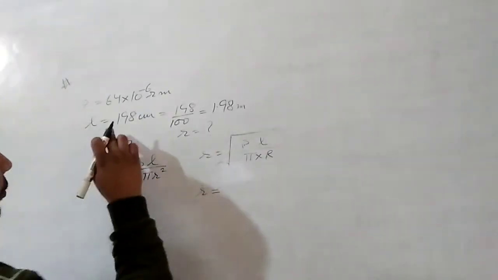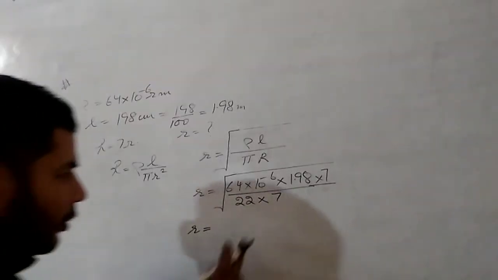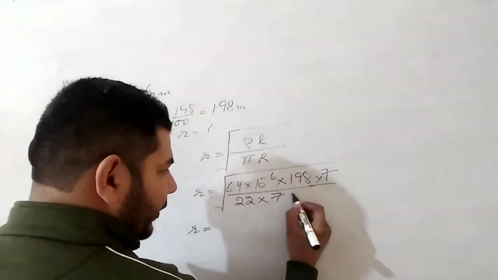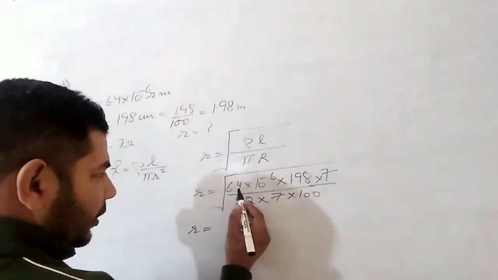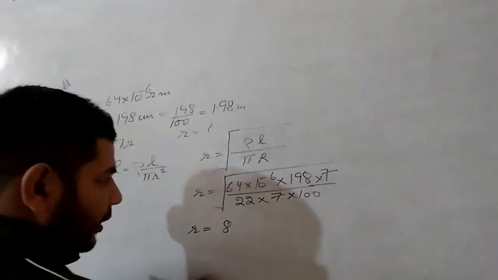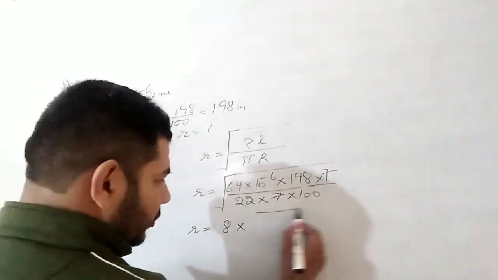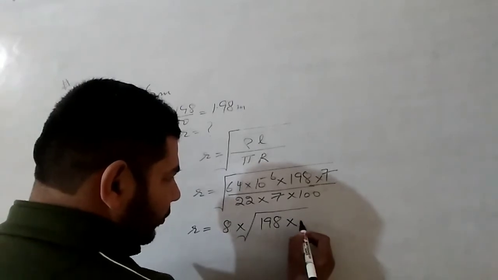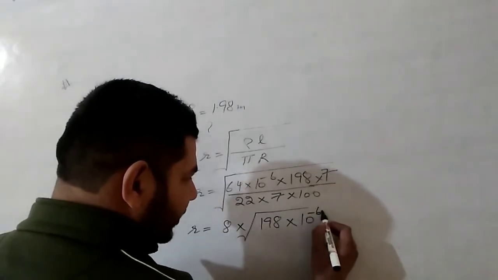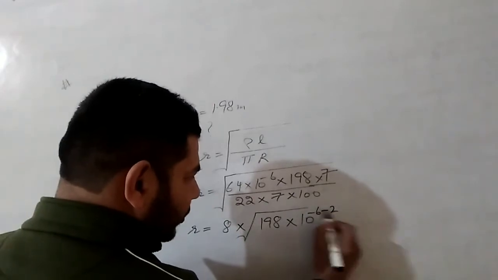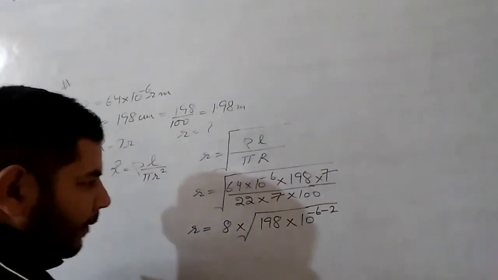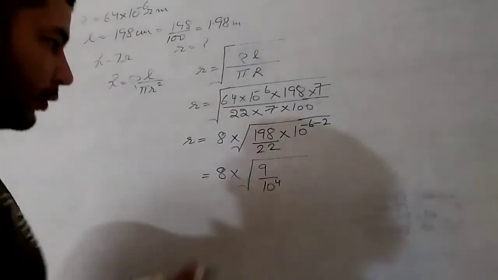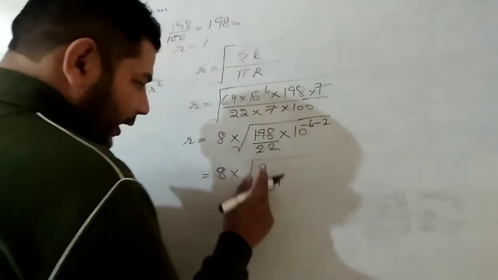r is equal to under root of rho L by pi R. Here we will cancel out 7 with 7 and we will write here 100. So 64 means 8 into under root of 198 into 10 raised to power minus 6 minus 2 by 22. 8 into, so we are getting 9 here.